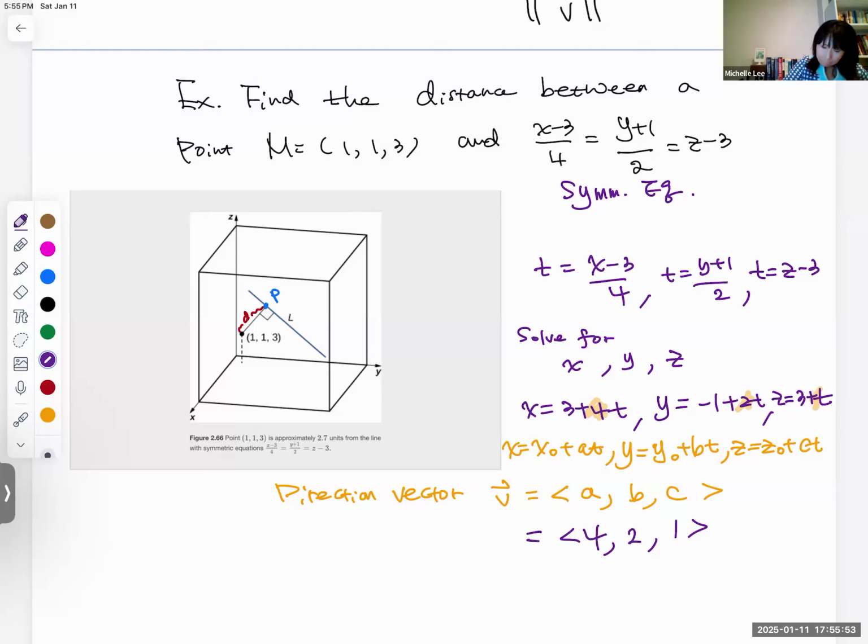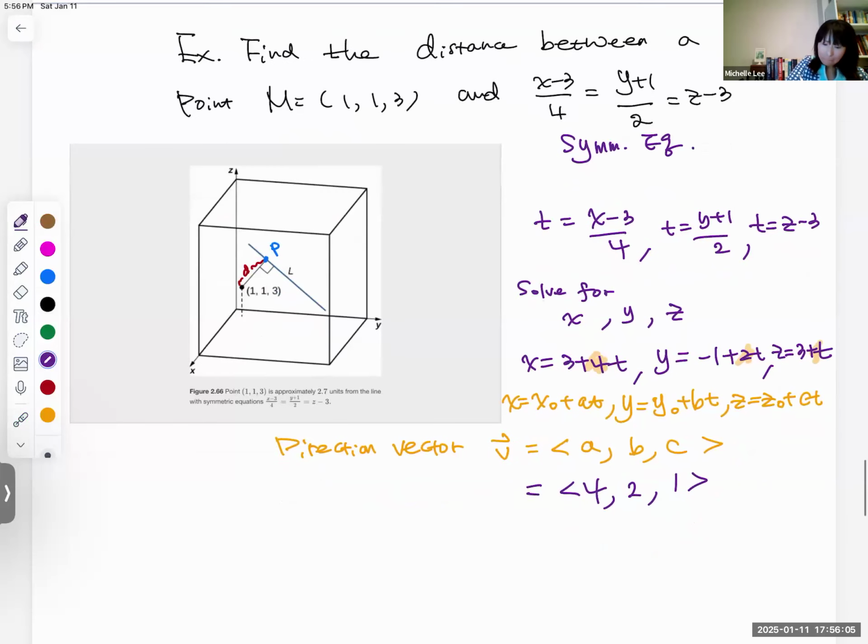Because the form is x naught, y naught, z naught, right? So let's denote P as x naught, y naught, z naught equal to 3, -1, 3, right?